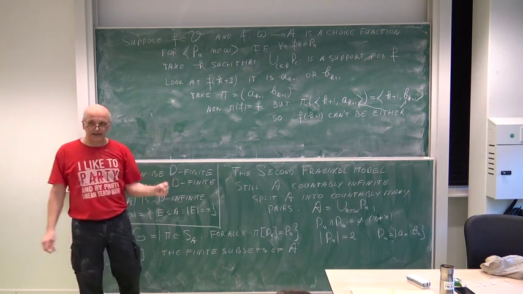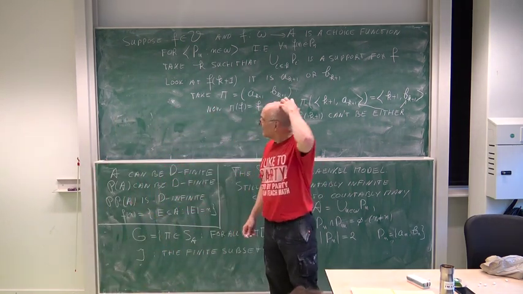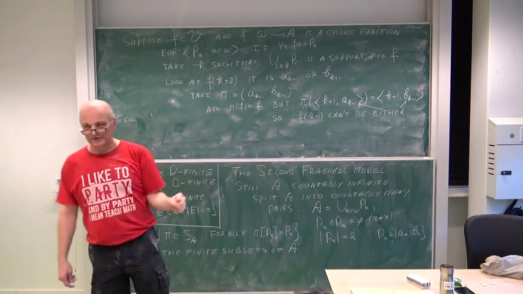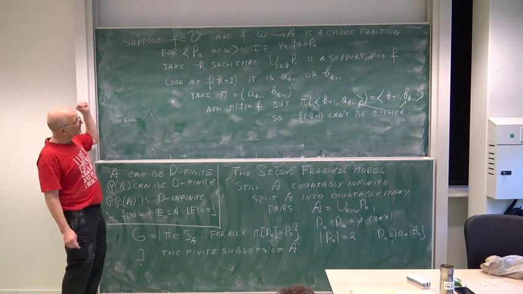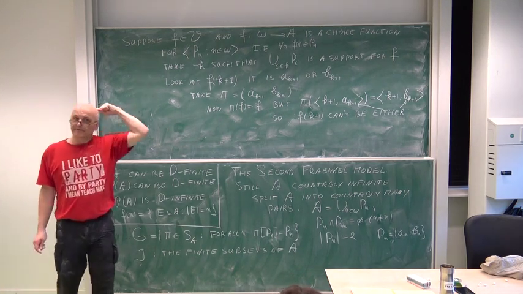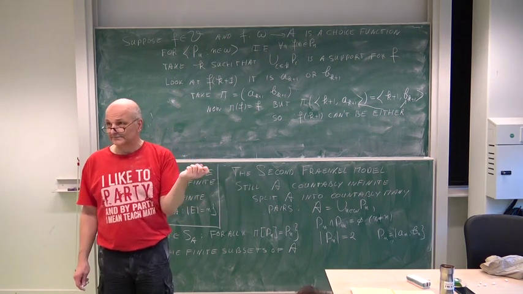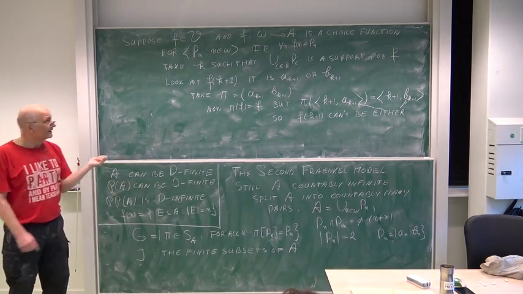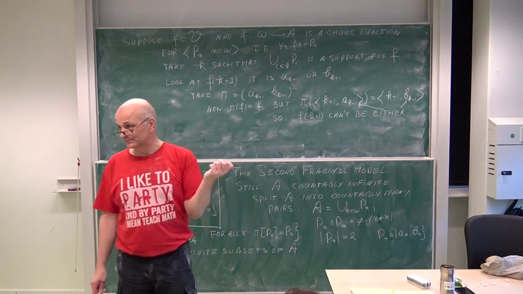What else can we say about this model? Actually, quite a lot, as you will see in the homework, which I plan to post tonight. For example, the set of atoms is still Dedekind-finite, but the power set no longer is.